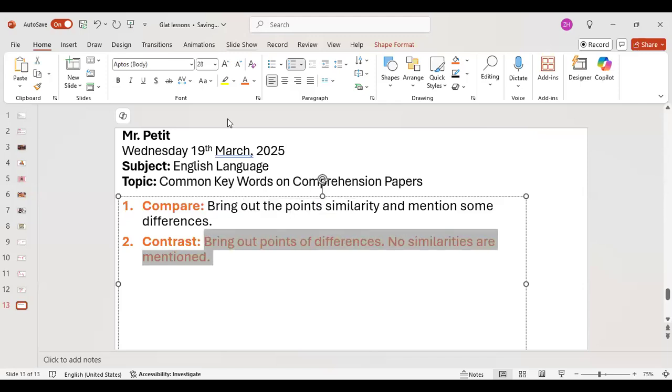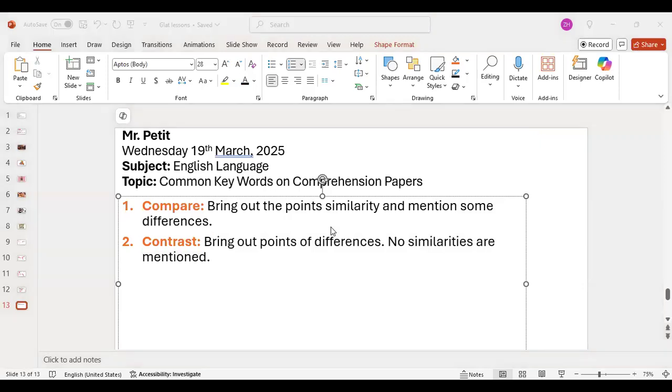But if they say contrast, you don't worry about similarities. All right. So compare means to bring out the points of similarity and mention some differences. Contrast means to bring out points of differences, no similarities are mentioned.